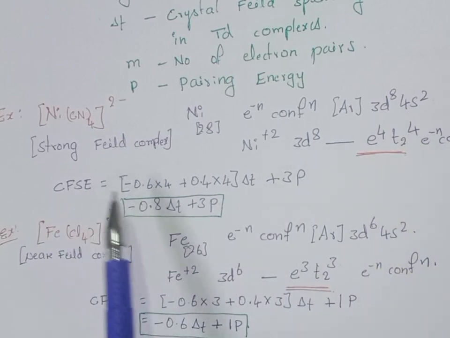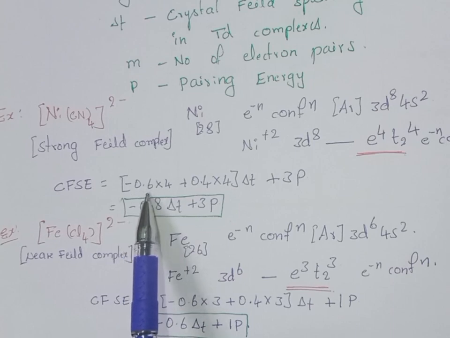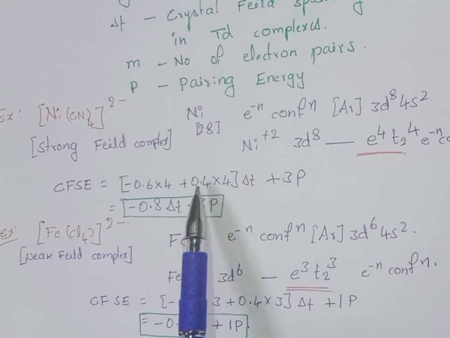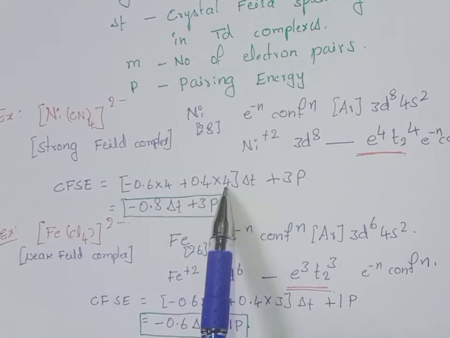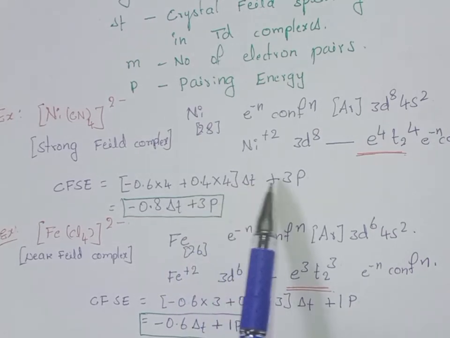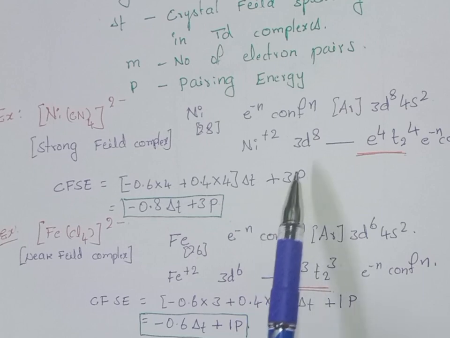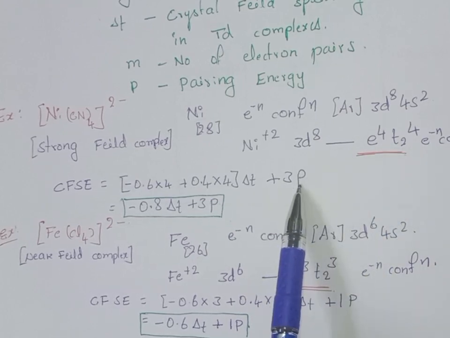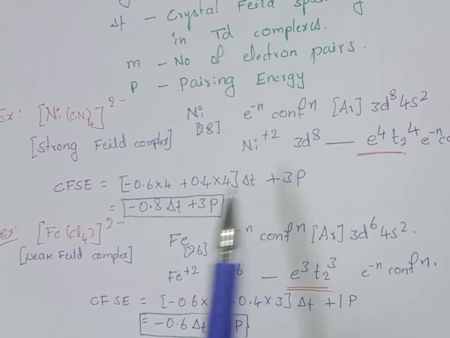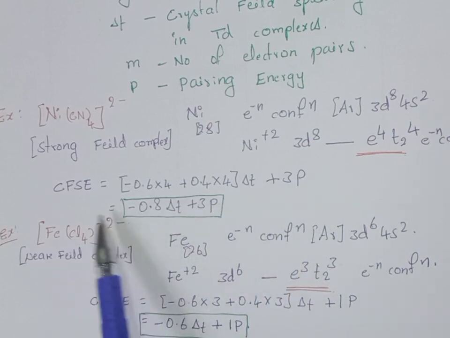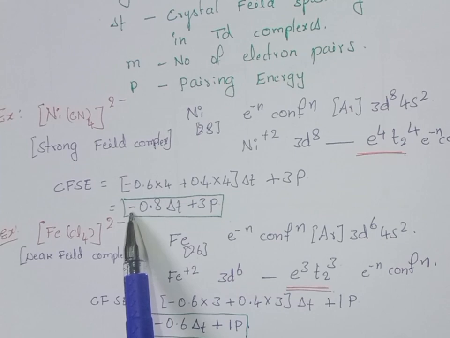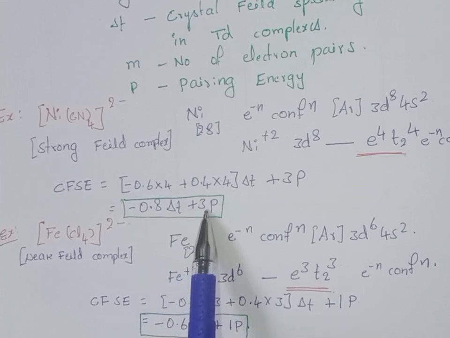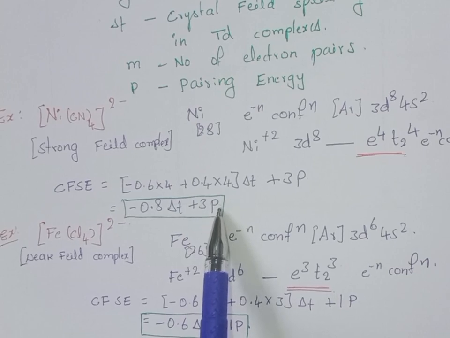Calculating CFSE: minus 0.6 into electrons in the e set, that is 4, plus 0.4 into electrons in the t2 set, Δt, and in the configuration there are 3 electron pairs into pairing energy. We get the value minus 0.8 Δt plus 3 electron pairs into pairing energy.